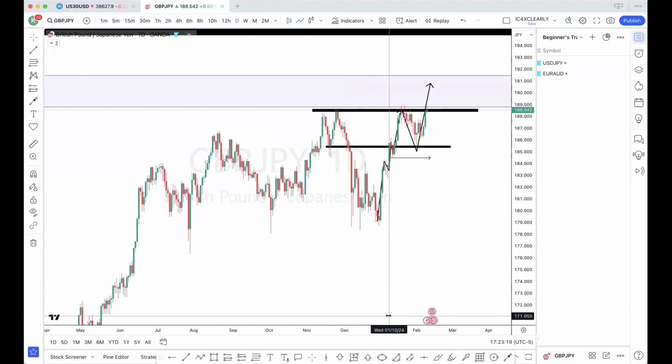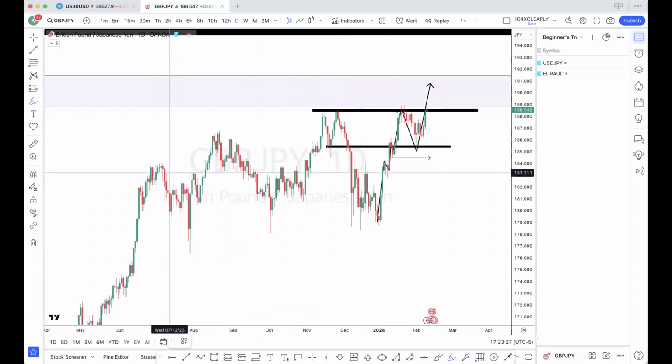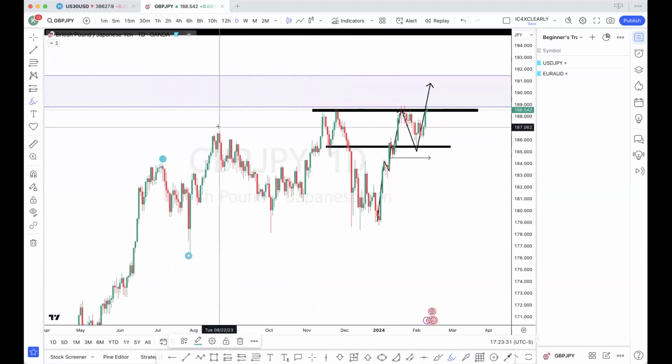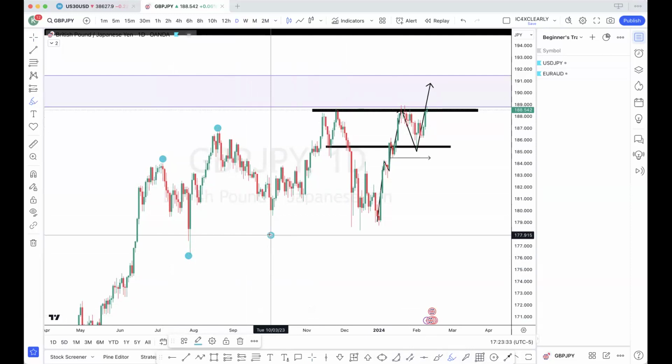Price has not broken any major swing lows. And I say that if we're looking at market structure, we have this high, this low, this high, this higher low, higher high, higher low, high. These are like equal highs, and if you're using the wick, it might be a little higher.